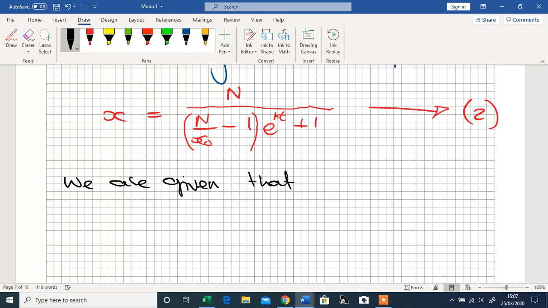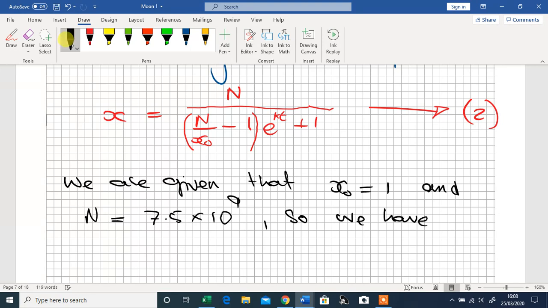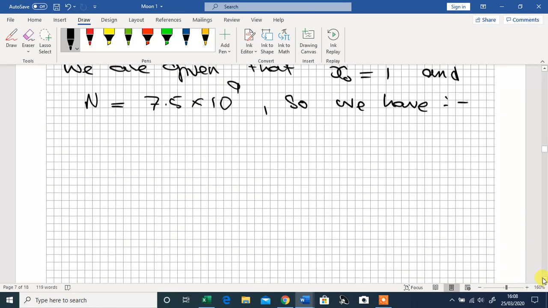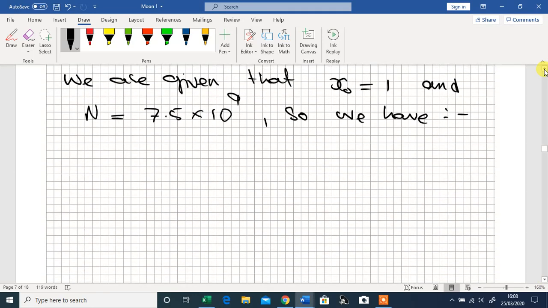That x naught equals 1, and n equals 7.5 times 10 to the 9. So if we substitute those values in, let me just scroll up a little bit.